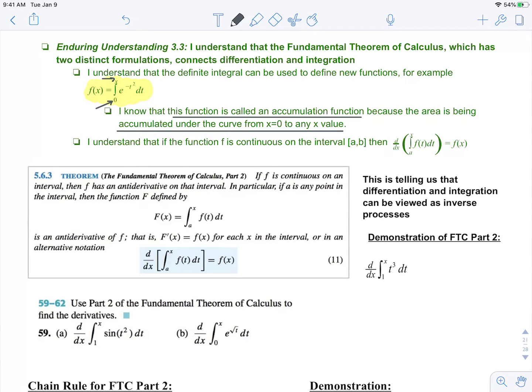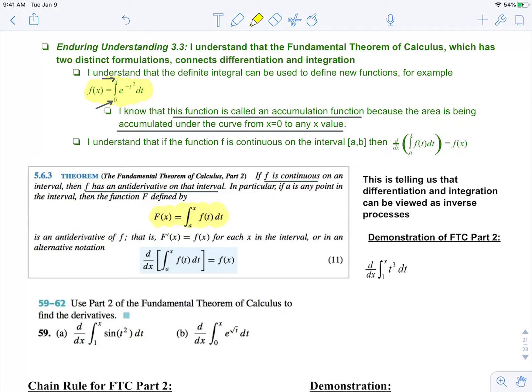The fundamental theorem of calculus part 2 states that if f is a continuous function on the interval and f has an antiderivative on that interval, we can define big F of x to be this accumulation function, the area under the curve from a to x.